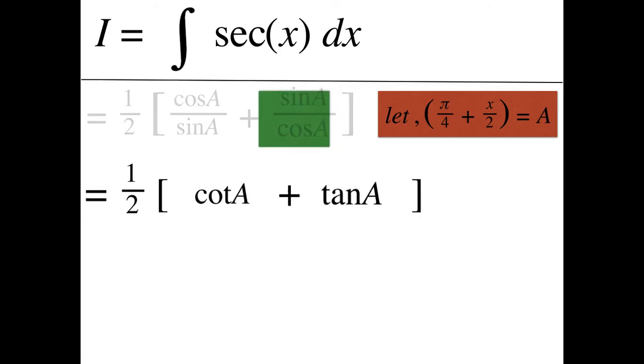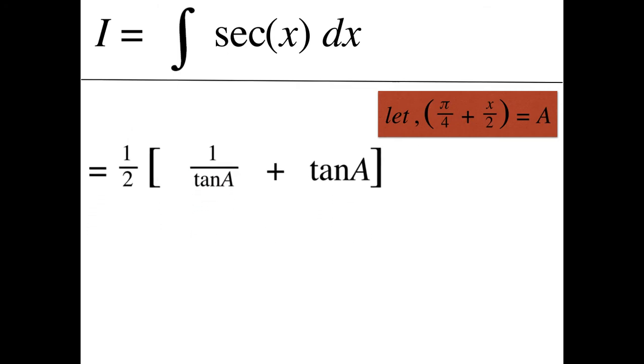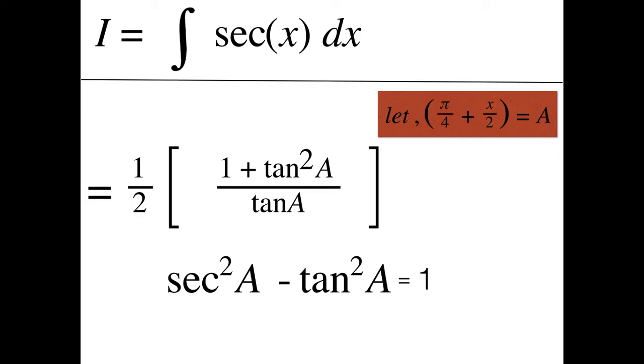Done. Now after this, can you write cot a in terms of tan a? Obviously yes, it's 1 by tan a, right? Plus tan a. Now just simplify it, you'll get this expression out here. Now you have in the numerator 1 plus tan square a. So what is sec square a?